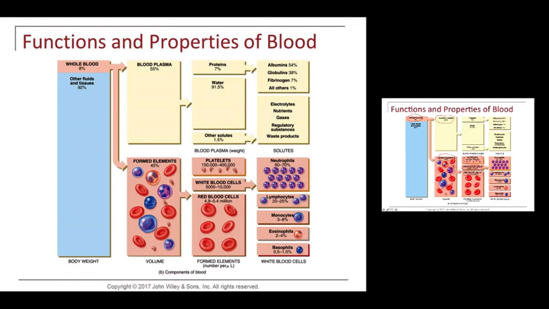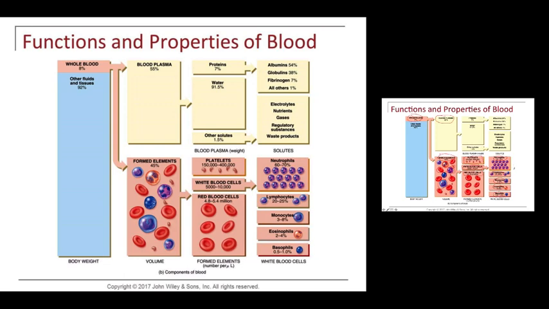And of that, if we look at the white blood cells, we see that neutrophils make up somewhere between 60 and 70%. And then we have lymphocytes, 20 to 25%. And then you have monocytes, eosinophils, and basophils.